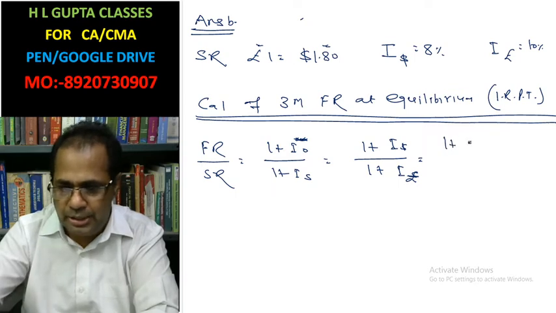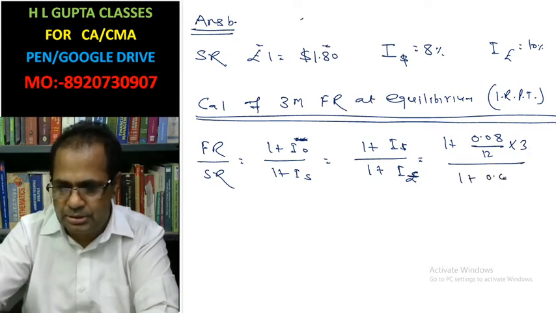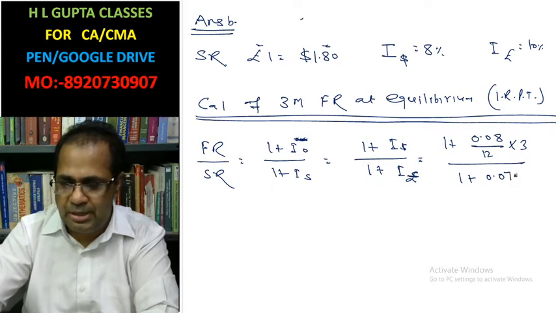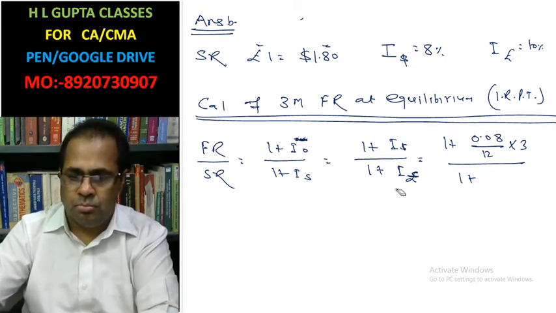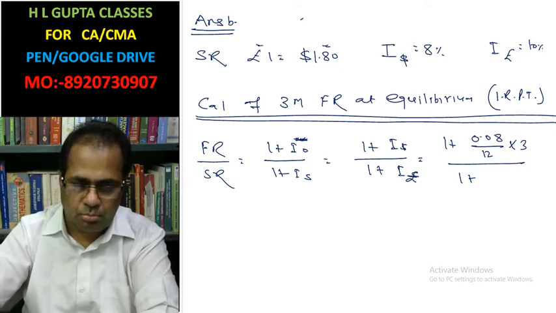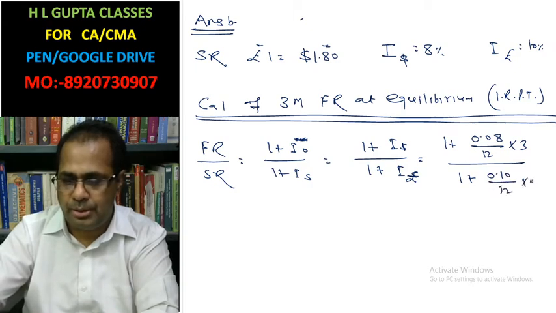The dollar interest rate is 0.08 divided by 12 into 3. The pound interest rate is 0.10 divided by 12 into 3.